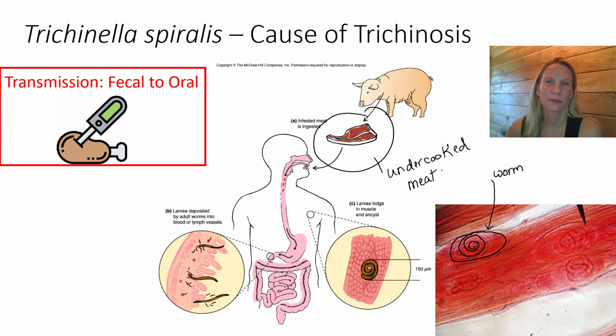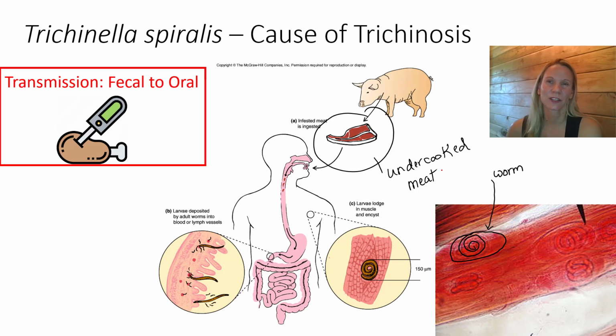So you eat this pulled pork sandwich, and it's got some undercooked, it's a little bit rare. There's a Trichinella spiralis larvae embedded in the muscle of the animal that you're eating. What happens? Well, the larvae come out of the meat in your intestines and they burrow eventually into your muscle.